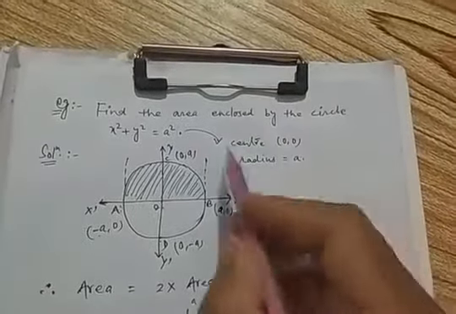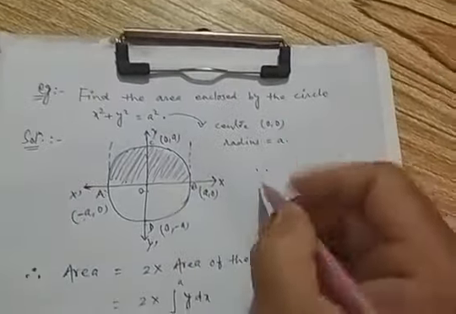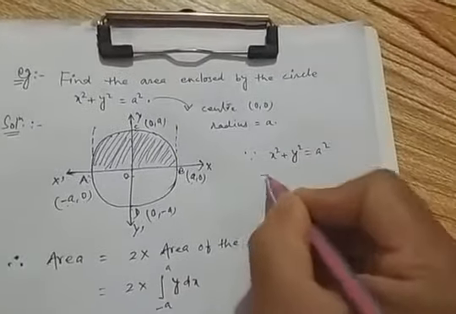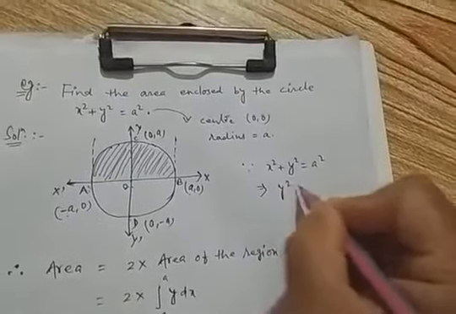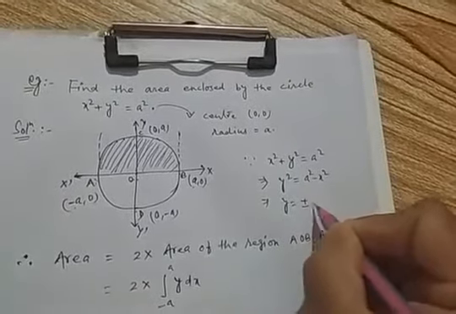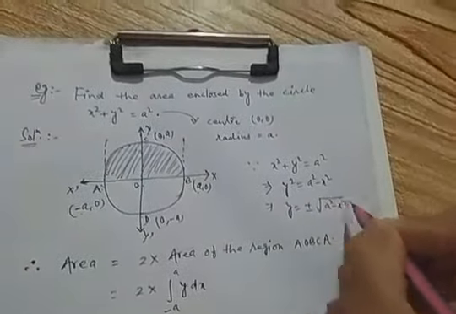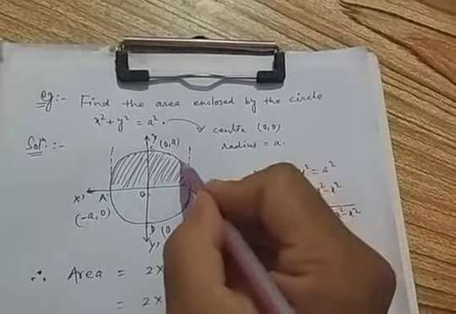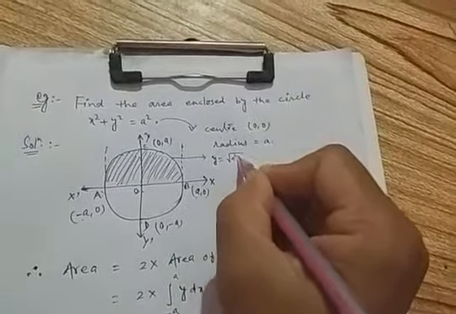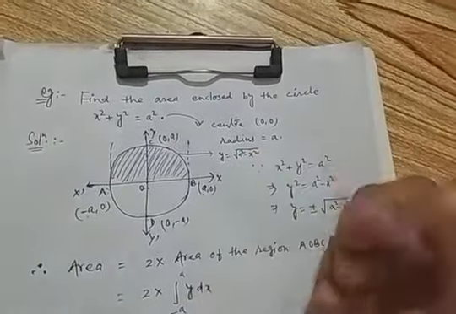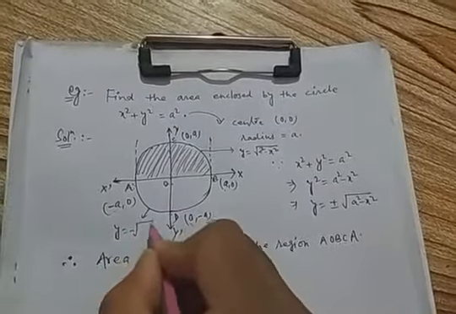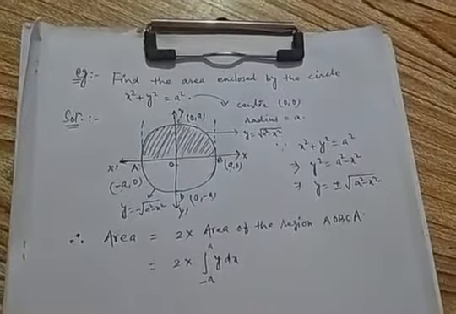Here students, since the equation of circle is x square plus y square is equal to a square, this implies y square is equal to a square minus x square. This implies y is equal to plus minus under root a square minus x square. So students, here y is equal to under root a square minus x square, and this is y is equal to minus under root a square minus x square.